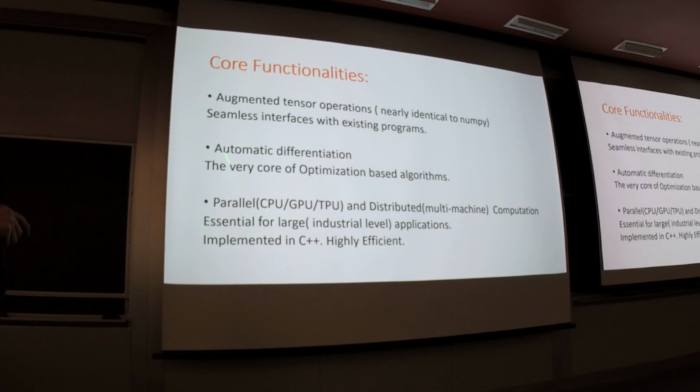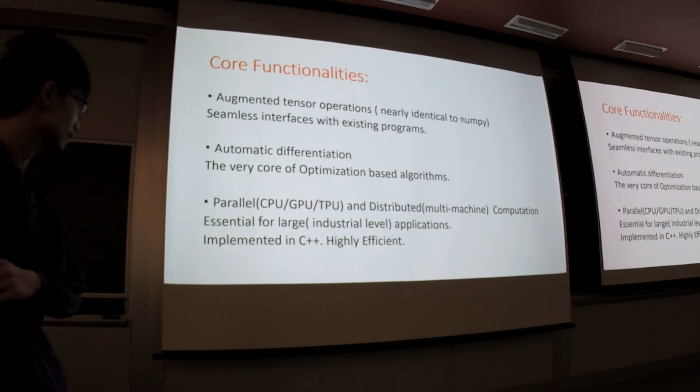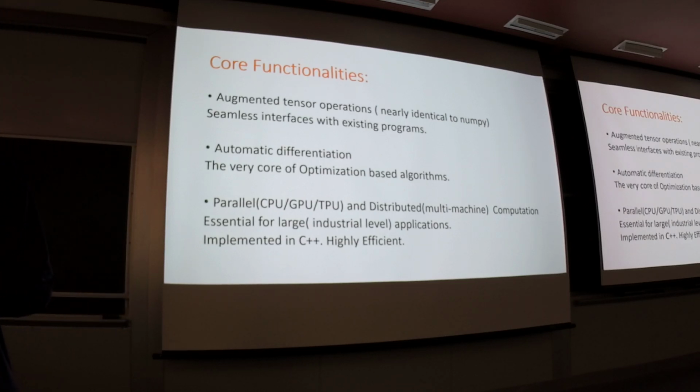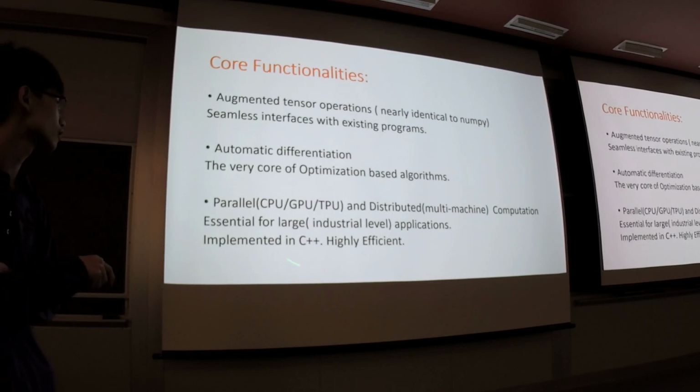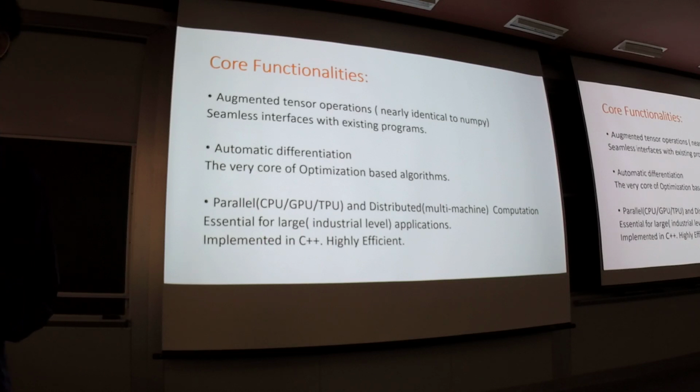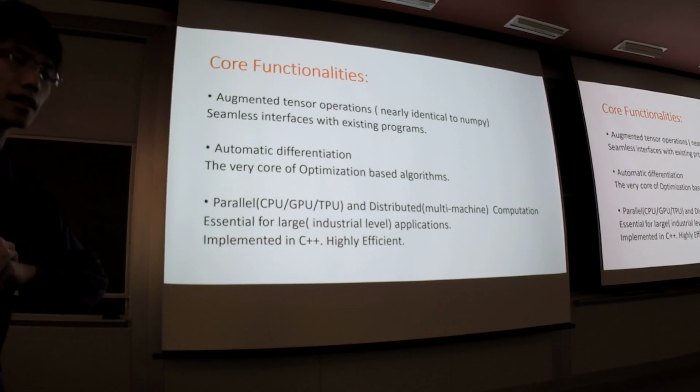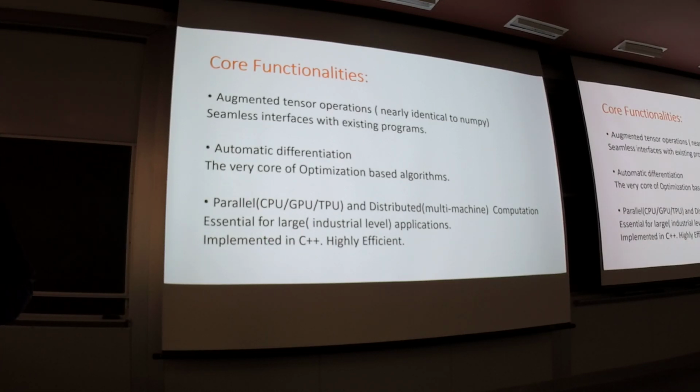And then another very big advantage of TensorFlow is that it gives you parallel and distributed computation. Parallel means it will utilize your CPU and GPU. Nowadays, even your own computer has more than one core, right? Clusters have tens of cores, and a big cloud has thousands and tens of thousands of cores.